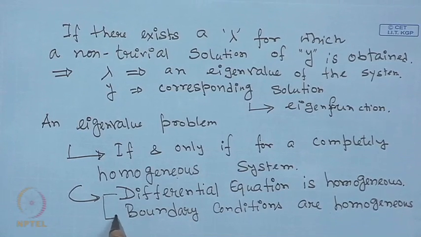If the differential equation and the boundary conditions both are homogeneous, then we call that system a homogeneous system. For a completely homogeneous system, there exists an eigenvalue problem.